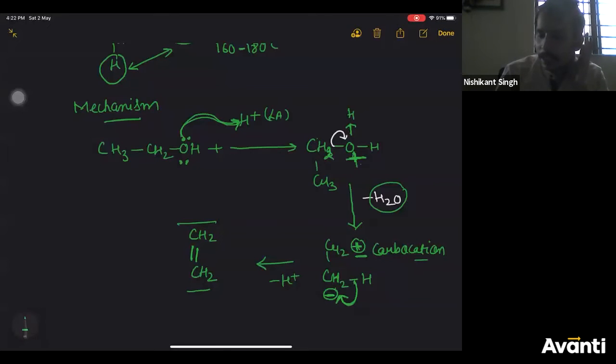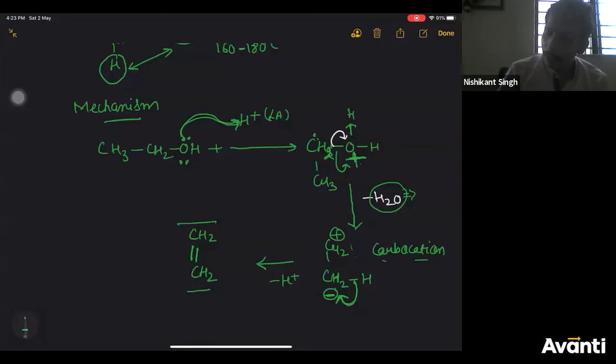Now, next step, this C-O bond will break like this, so that oxygen gets a negative charge. Negative and positive will become neutral. So water is eliminated. Next step, now this carbon will get a positive charge. When this bond breaks like this, a carbocation is formed, right?